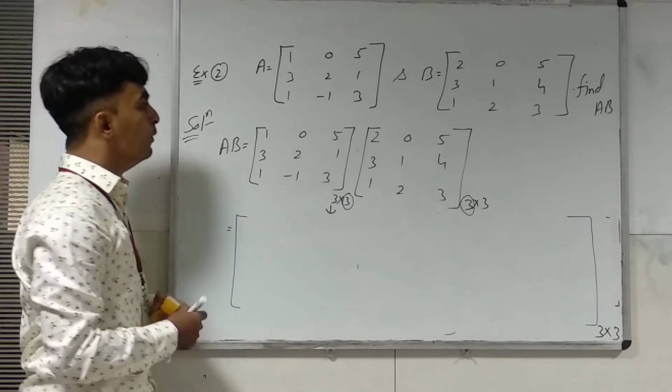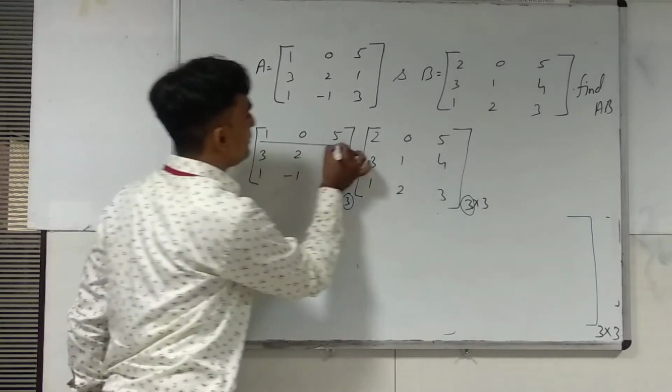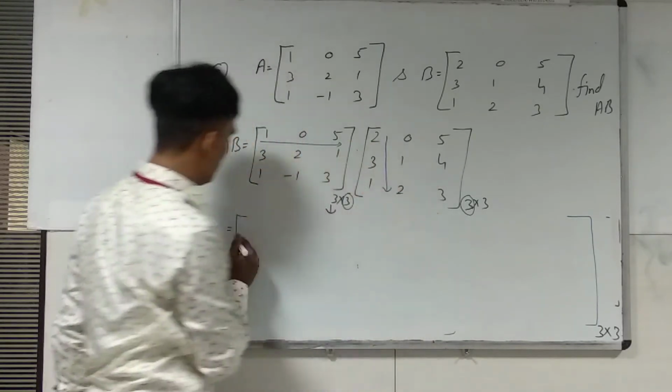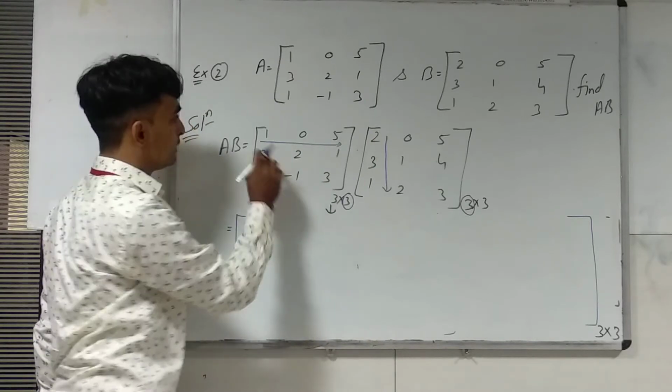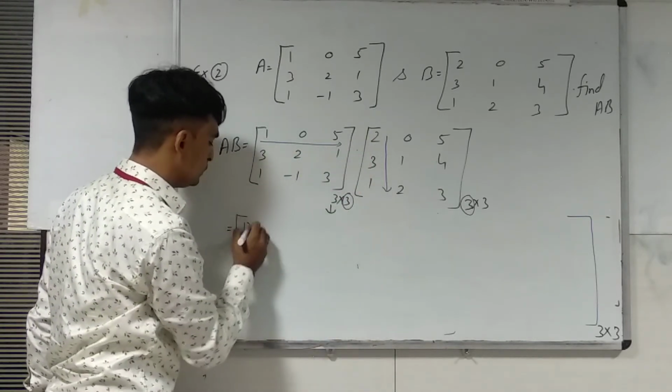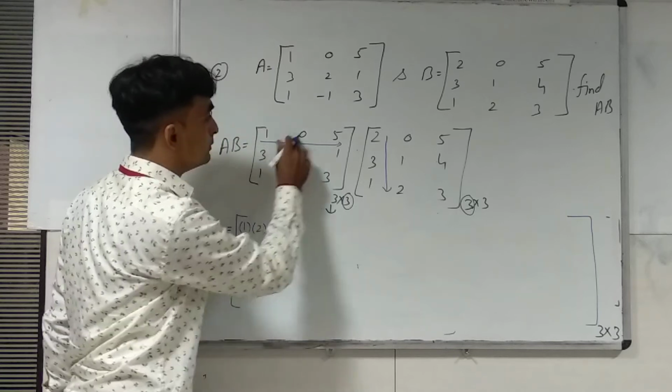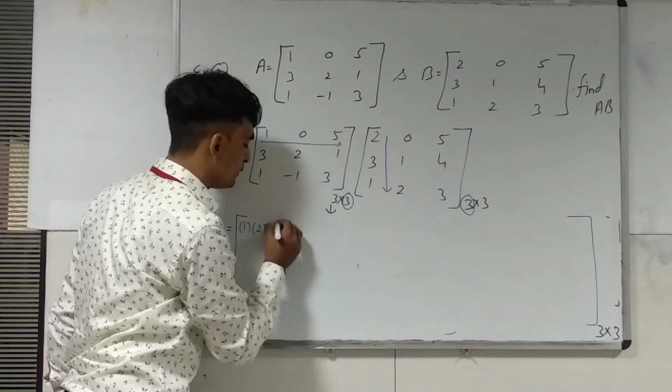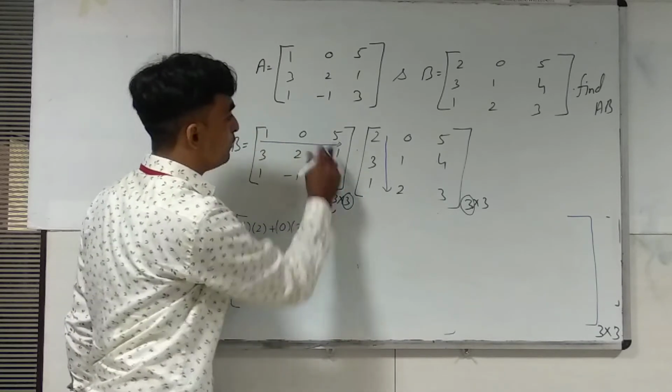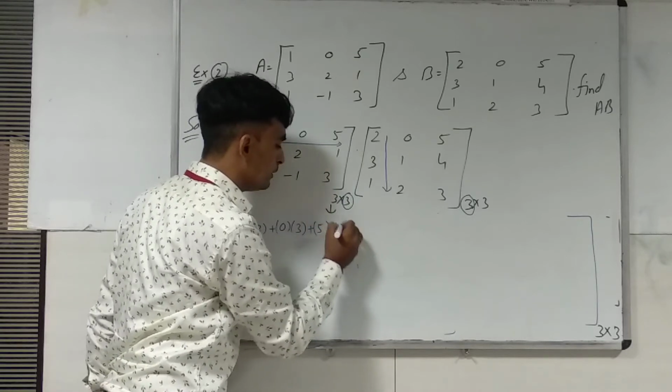Okay. So now addition and multiplication. First row, first column, all entries are here. So it is 1 into 2, plus 0 into 3, plus 5 into 1.